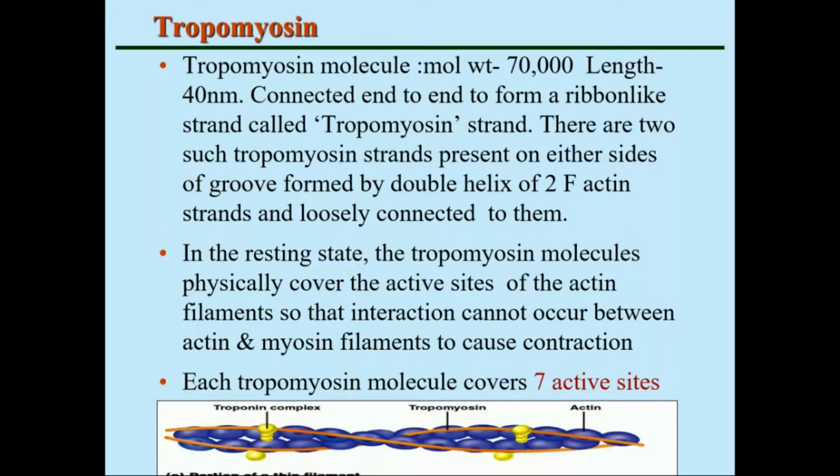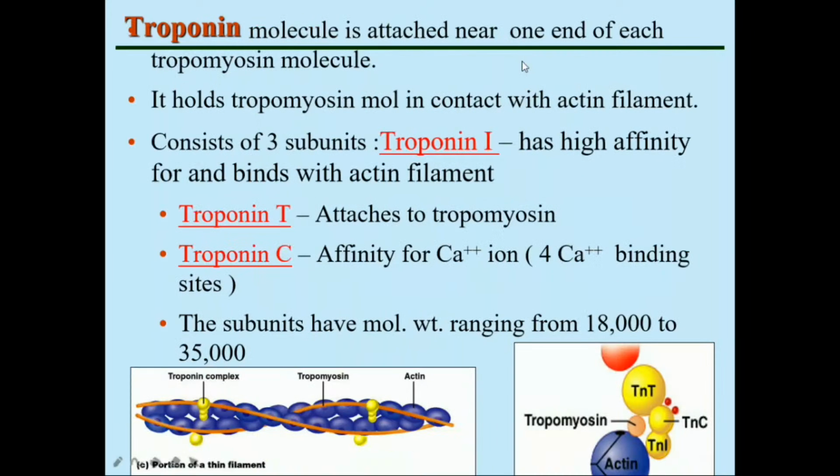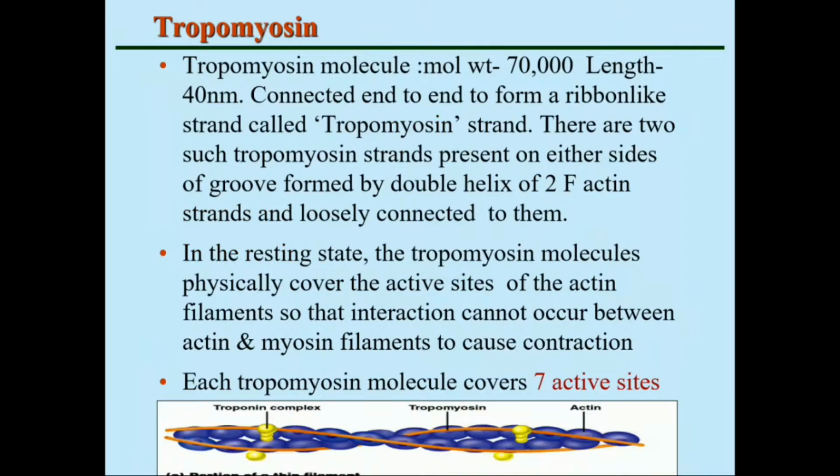The second protein is tropomyosin. The tropomyosin molecule has a molecular weight of about 70,000. The length of the tropomyosin molecule itself is 40 nanometers, and these molecules are connected end to end to form a ribbon-like strand called tropomyosin strand.